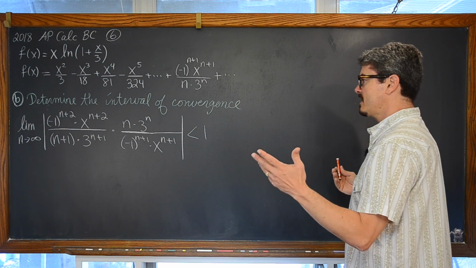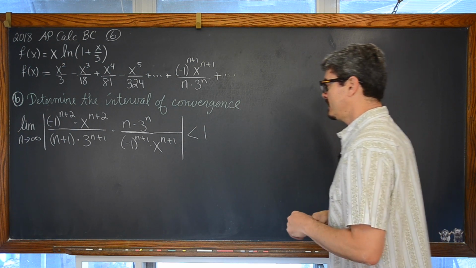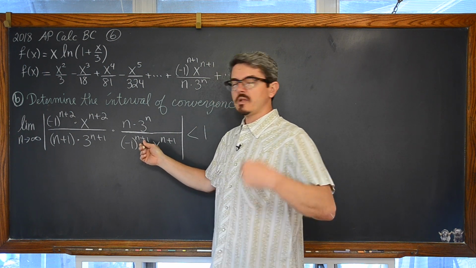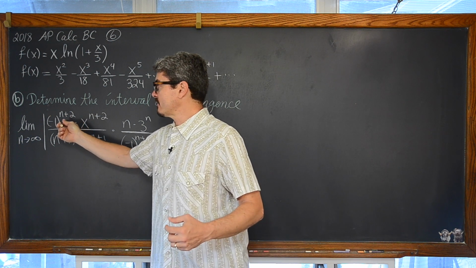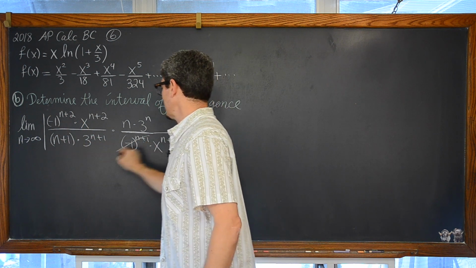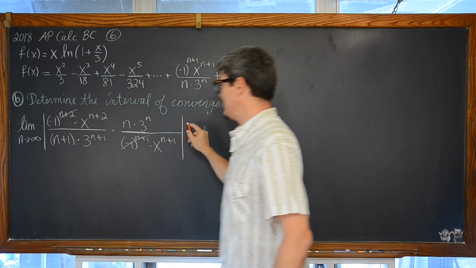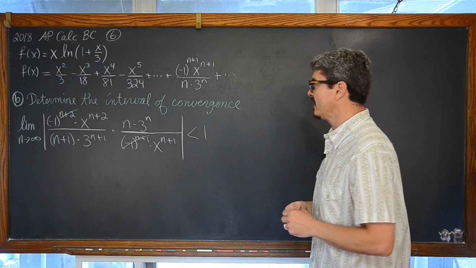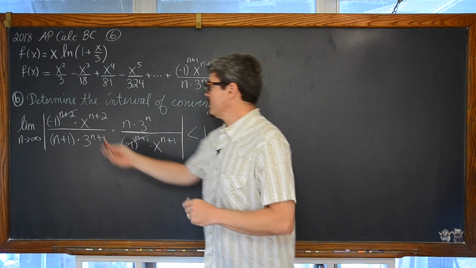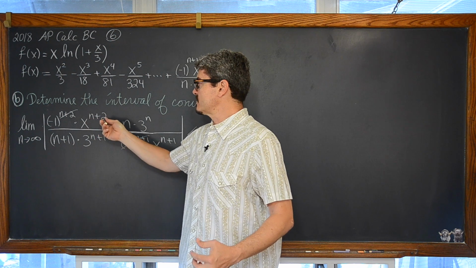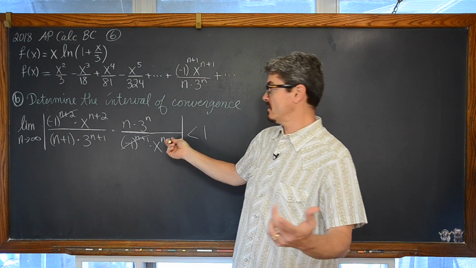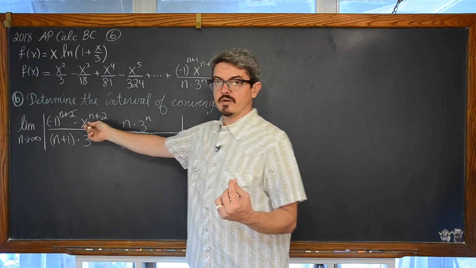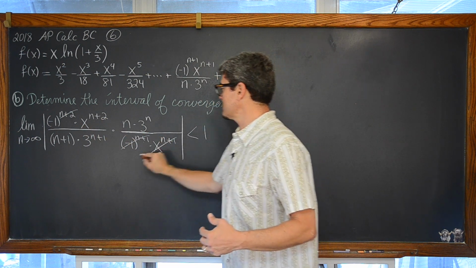Okay, so is there anything we can cancel out? Here we have n plus 1 bases of negative 1, and in the numerator we have one more. I'm going to show this cancellation, but ultimately we have absolute value symbols, so that negative 1 is going to cancel out anyway. In the numerator of our first factor, we have n plus 2 bases of x, and here we have n plus 1 bases of x, so one more base of x than in this denominator, and that's going to cancel out.